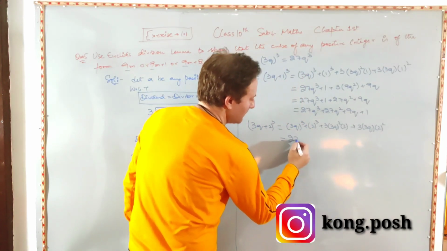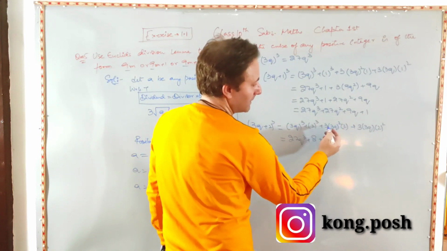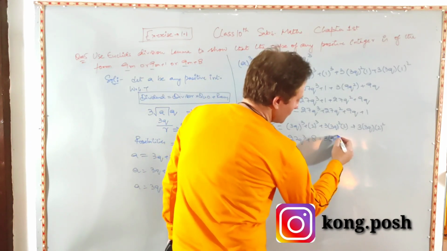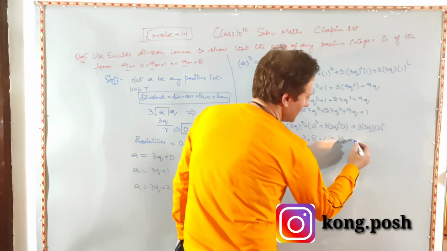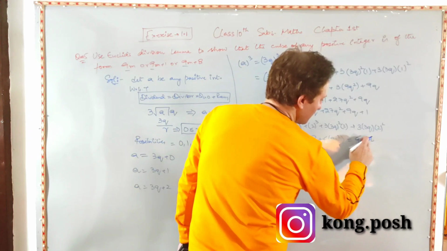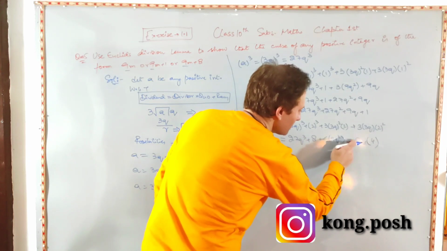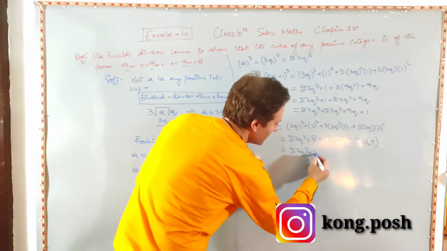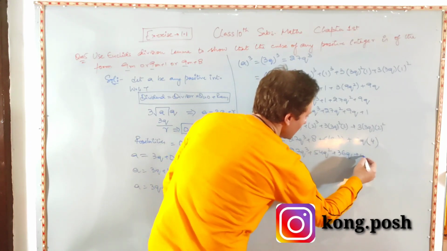This is 27q cube, this is 8, then 3 times 9q square times 2, which is 6, and 3 times 3q times 4. What does this become? It becomes 27q cube plus 54q square plus 36q, and then 8.